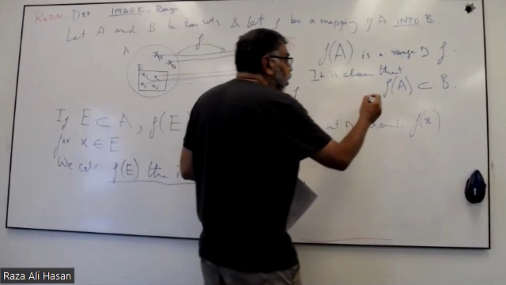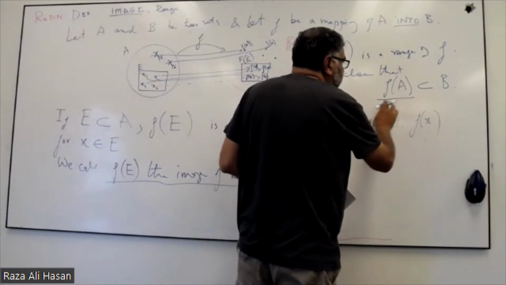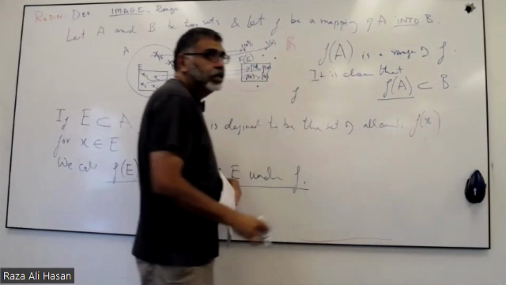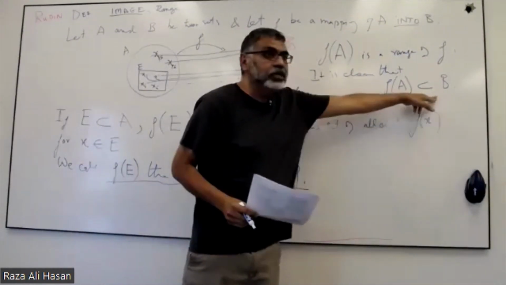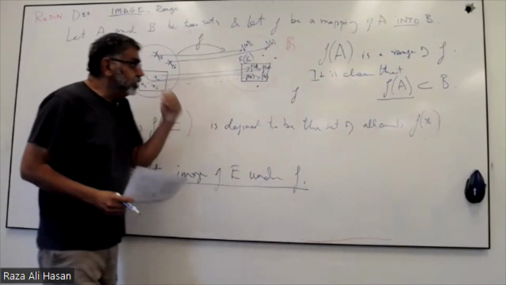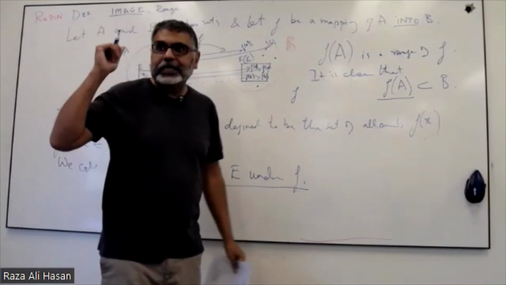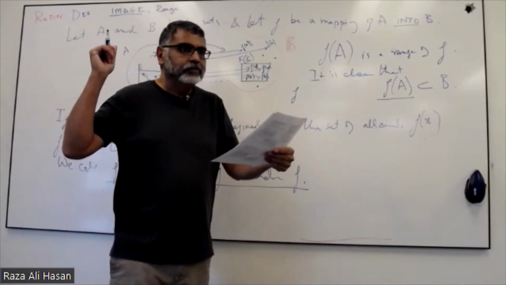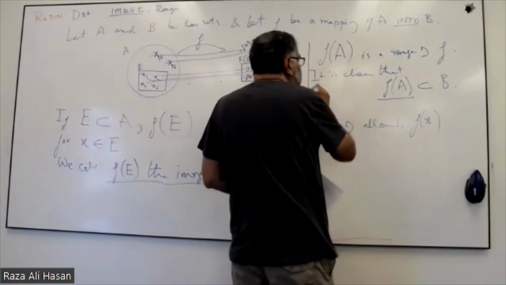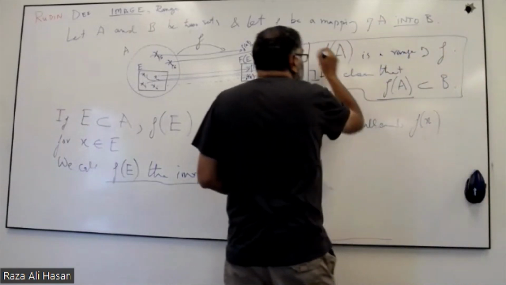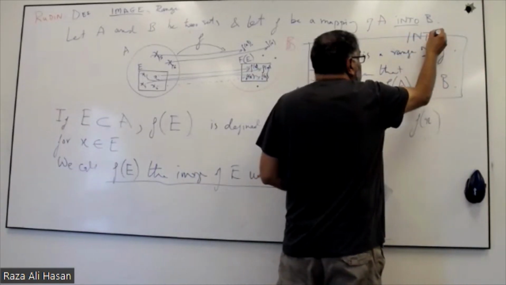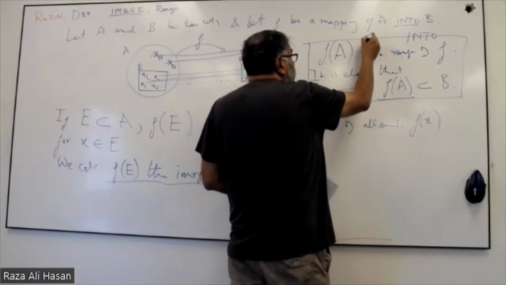Therefore, f of A is a subset of B. It is smaller than, it's not equal to. Which means we are talking about what kind of function, is it injective? So this defines our notion of into and our notion of injective.